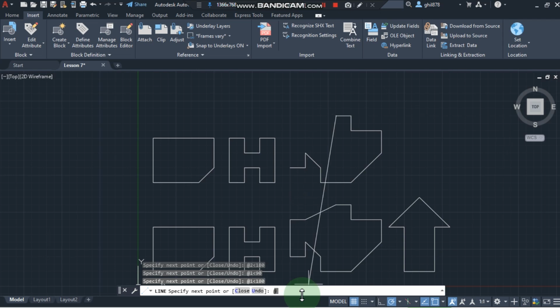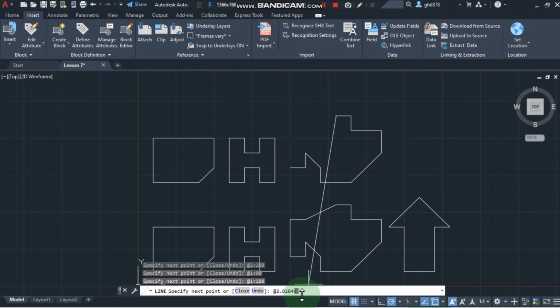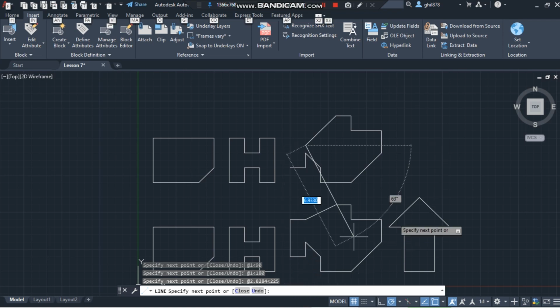Then we have at 2.8284 with the angle of 225. Oh no, I think I have the wrong angle.